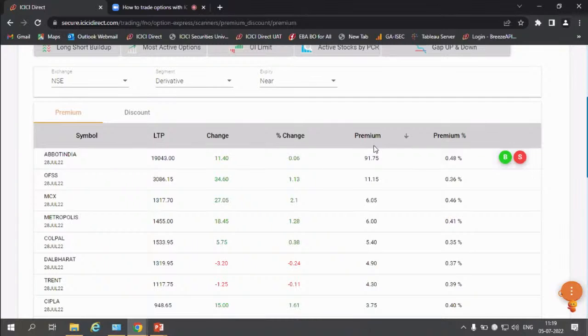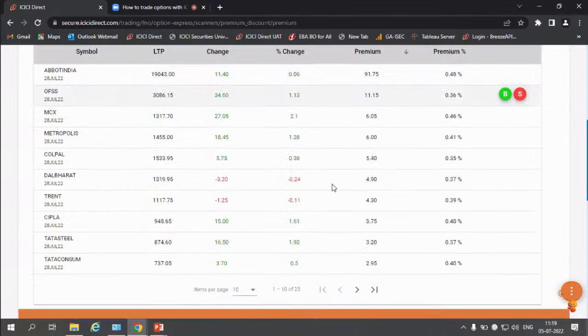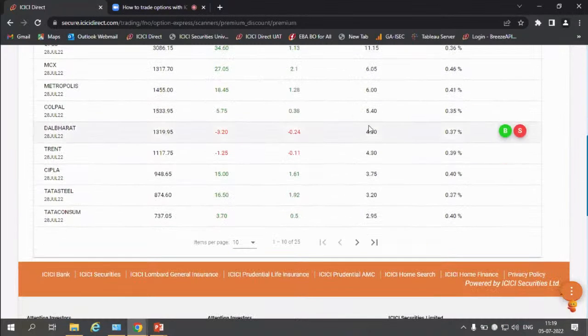Similarly, if you want to see the other ones, you'll be able to identify that this is getting expensive by 4.3 rupees. So if you want to short this particular trend, you can go ahead with this. Similarly for Tata Steel, this is slightly expensive by 3.2 rupees.